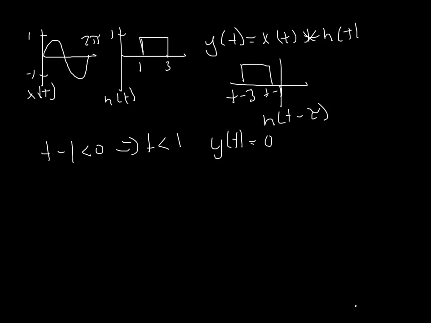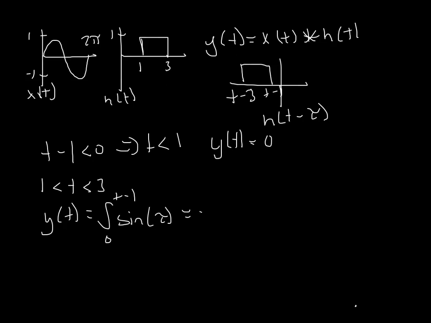But then, when we get to t greater than 1, so from 1 less than t less than 3, before our t minus 3 end of the rect function hits the sine wave, but after t minus 1 hits the sine wave, y of t is going to be equal to the integral from 0 to t minus 1 of sine of tau.